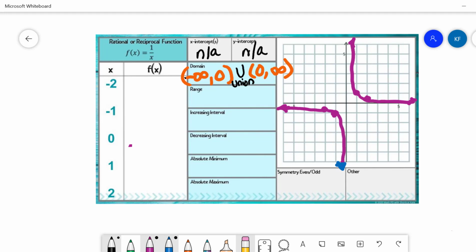So what that means on the range, and I'm doing it with blue, is there a graph down here? The answer is yes. There is graph down here on the y's because I'm crossing the graph, that kind of purplish color. I'm able to cross it on the y's.